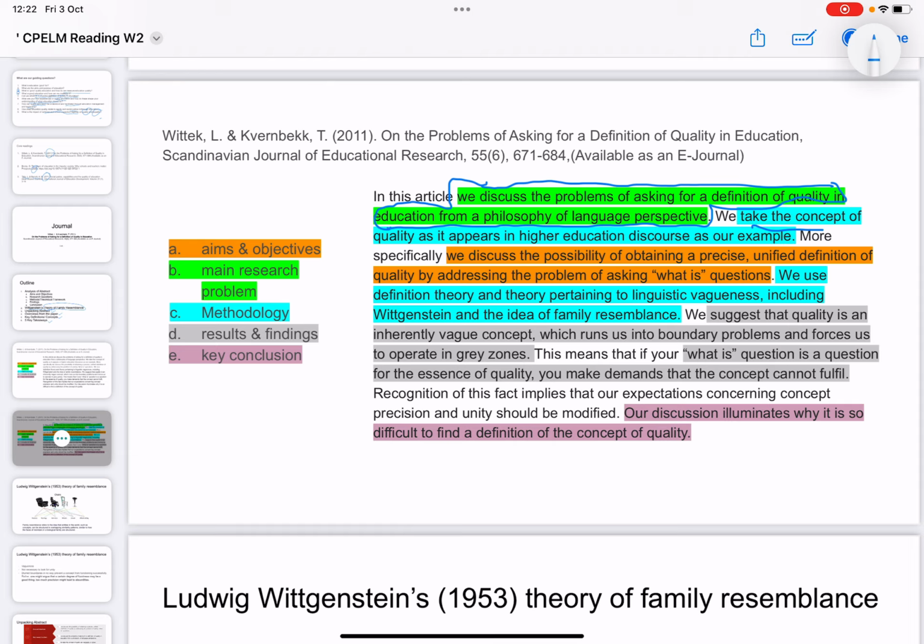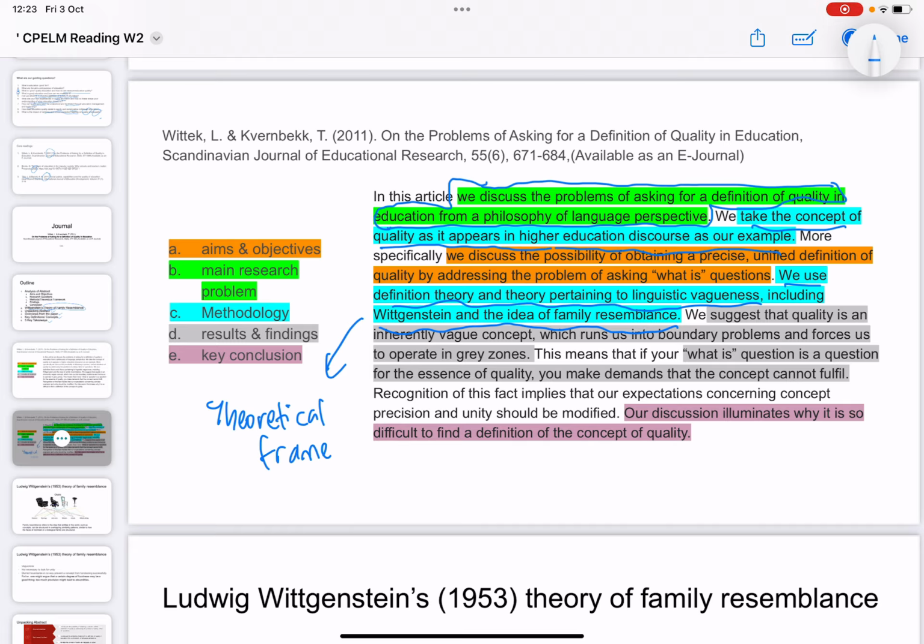The method used is, we take the concept of quality as it appears in higher education discourse as our example. We use definition theory and theory pertaining to linguistic vagueness, including Wittgenstein and the idea of family resemblance. So this is the theoretical framework that is being used.